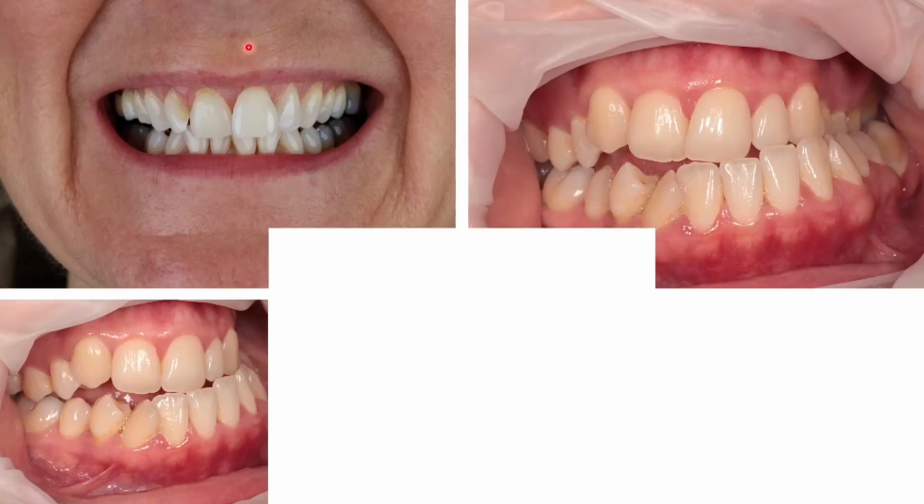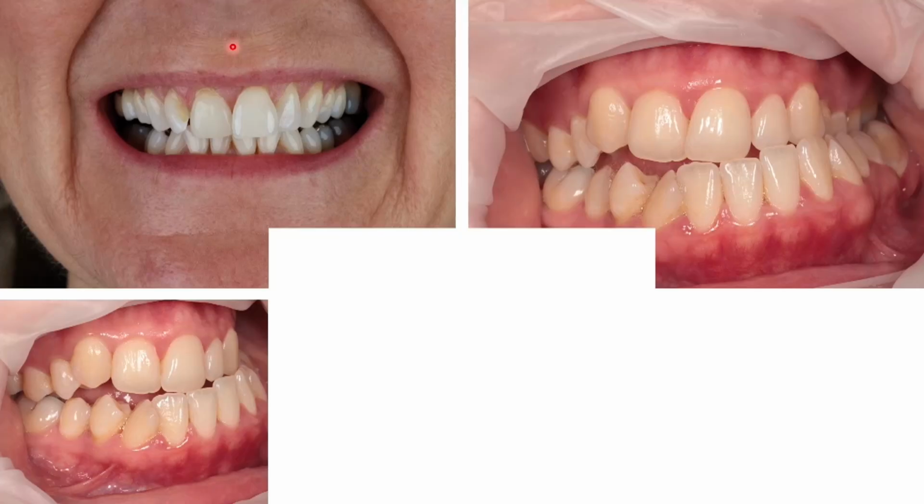We did actually submit this for design, but as we saw this overlap correcting, we anticipated a fairly significant risk of the papilla not following the alignment, and it would leave a black triangular area of darkness between those two central incisors, which in a smile can be quite aging actually.